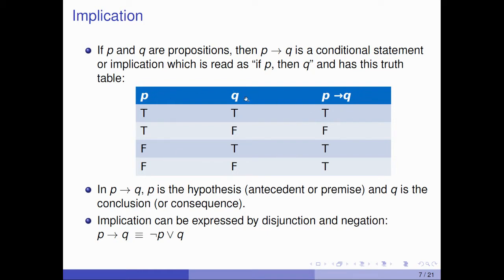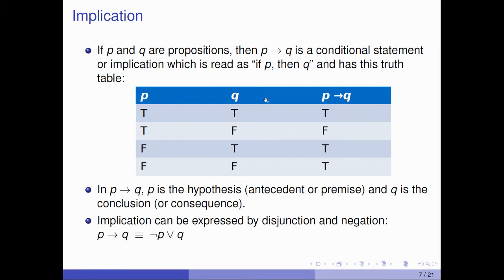This is as well easy to memorize. You have here T, T, you have a true P implies Q; T, F, false; F, T, true; F, F, you have a true. So there's only one instance wherein P implies Q is false, and that is when you have a true P and a false Q.